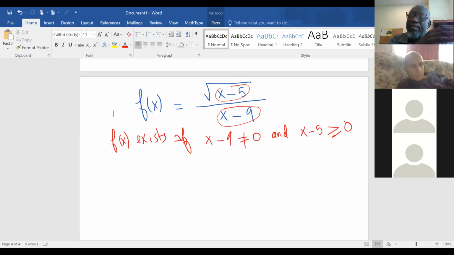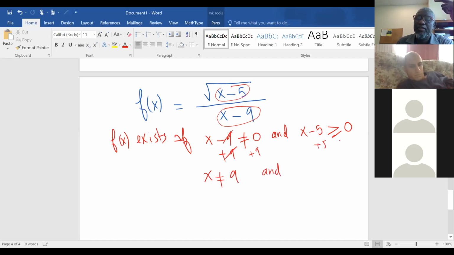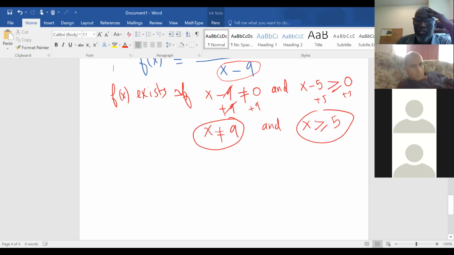On one hand, x minus 9 cannot be 0. On the other hand, x minus 5 has to be greater than or equal to 0, right? Which means x cannot be 9 on one hand, and x has to be greater than or equal to 5.